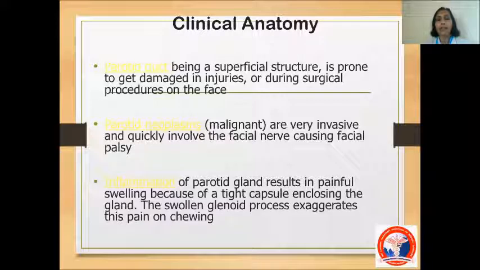The gland is also affected by carcinoma or neoplasm. The malignant growth in the gland is very invasive and it quickly involves the facial nerve, and most of the time it is reported with the first symptoms in the form of facial palsy.